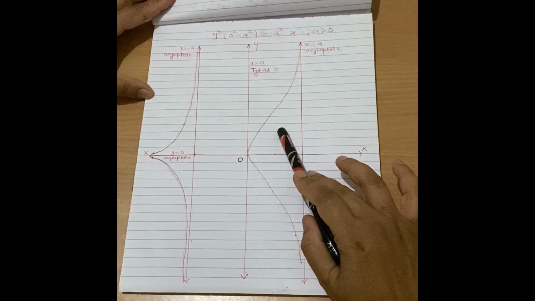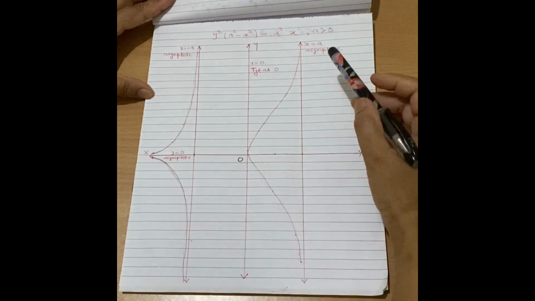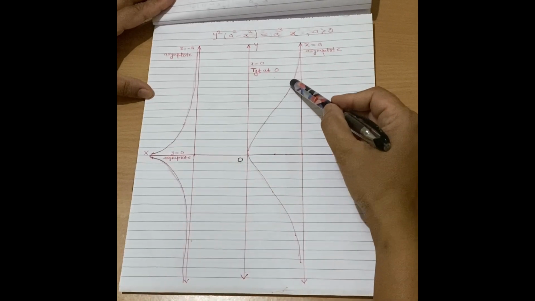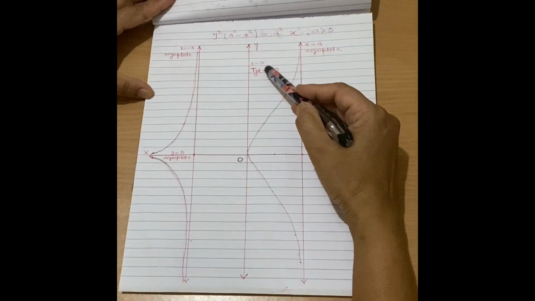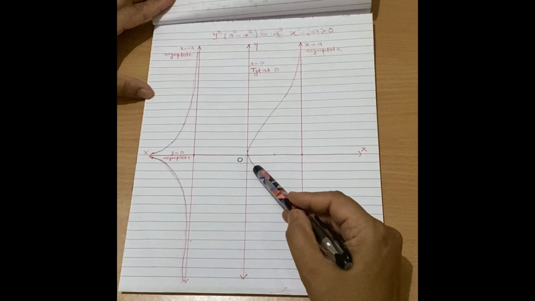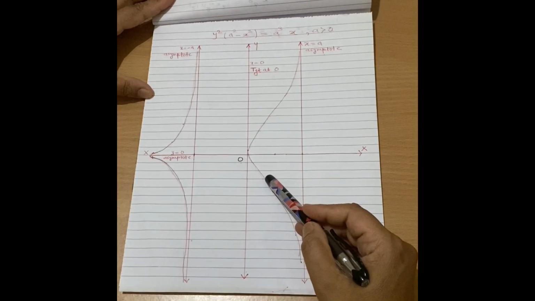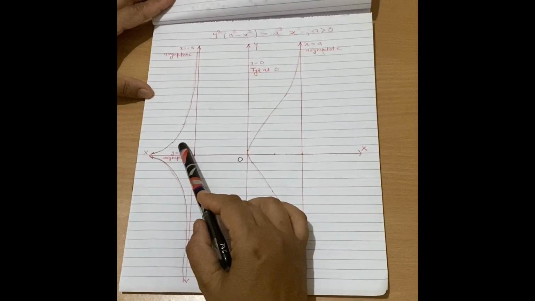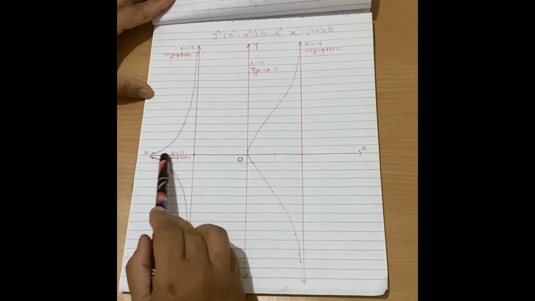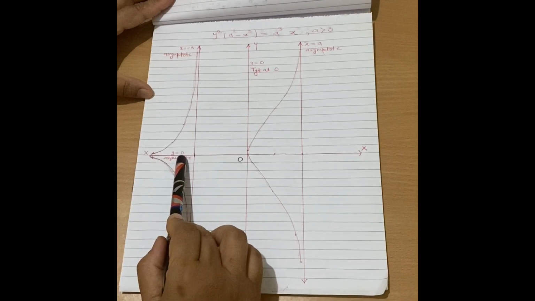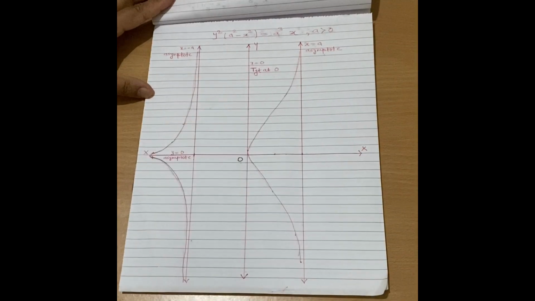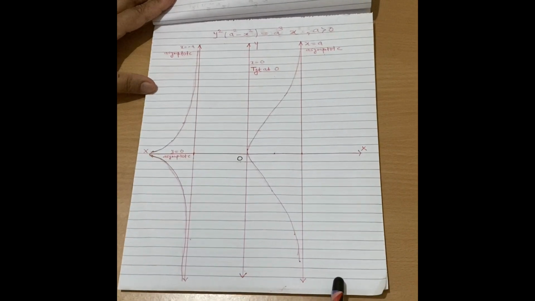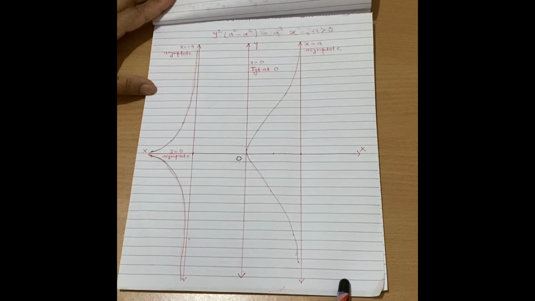So curve is present here with the properties x equal to a asymptote, tangent at 0 y-axis, so tangent at origin is y-axis, and in this sector we are having y equal to 0, that means x-axis asymptote and x equal to minus a an asymptote. So shape of the curve is as drawn in the figure.